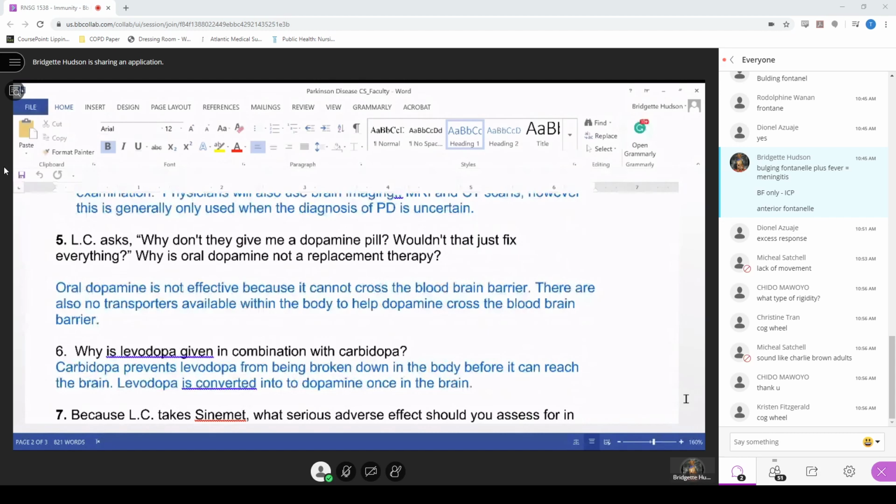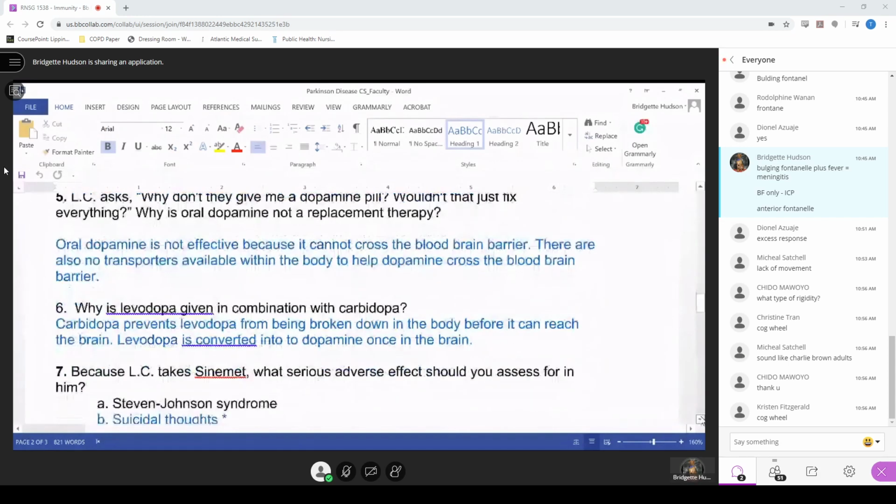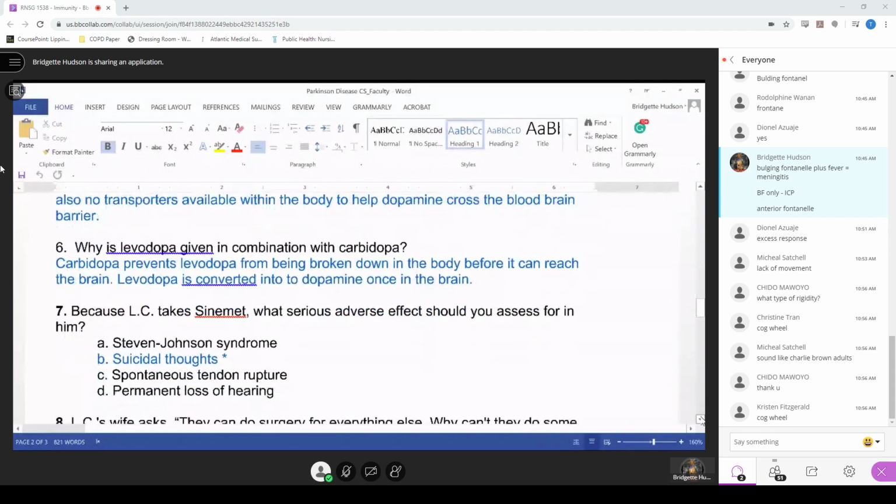So he takes Sinemet. What serious adverse effects would you assess for? One would be suicidal thoughts. When I was in one of the groups, someone asked, why suicidal thoughts? They saw depression. But just think about if you are a young individual and you get diagnosed with this condition and how that's going to change your whole lifestyle, your ability to even put your clothes on.